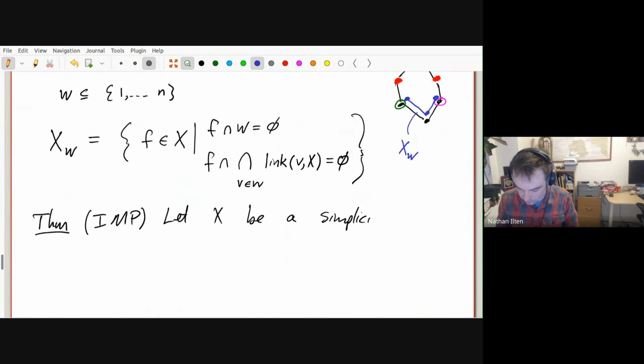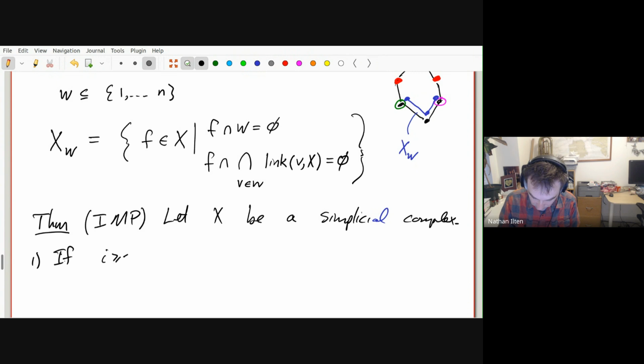Okay, so we have a simplicial complex X. And so first statement: if i is larger than or equal to 1 and B, of course, is in Z greater than or equal to 0 to the n.